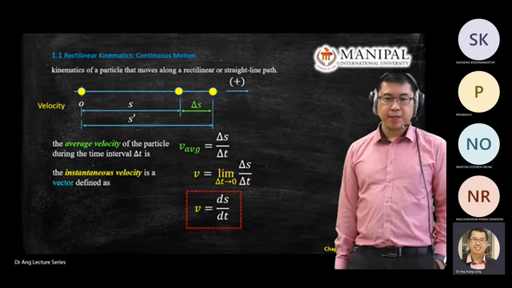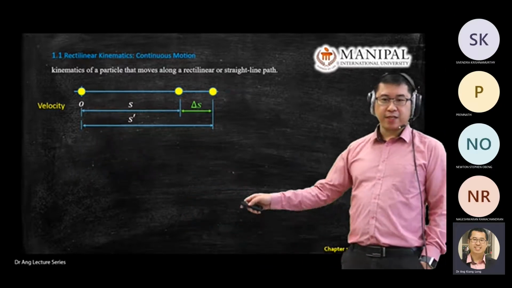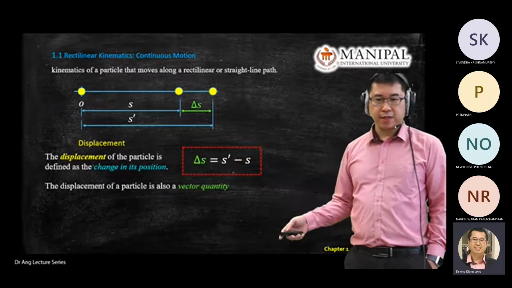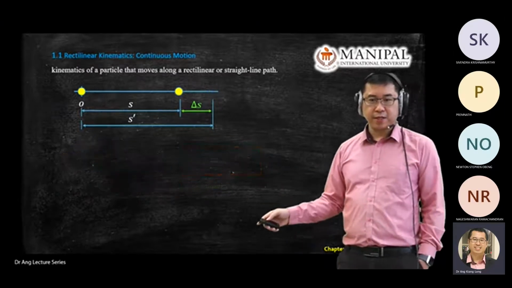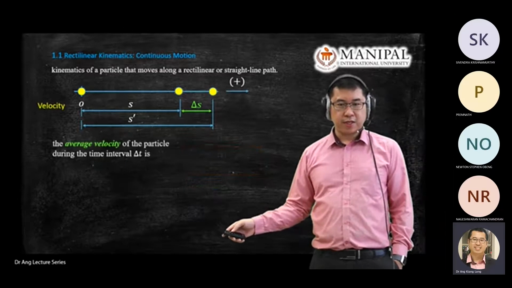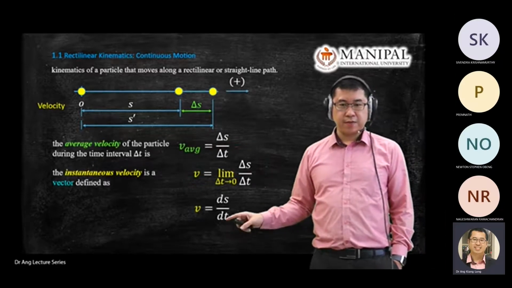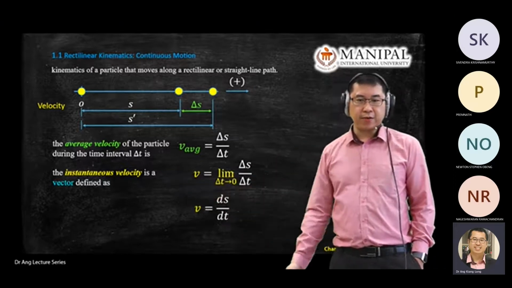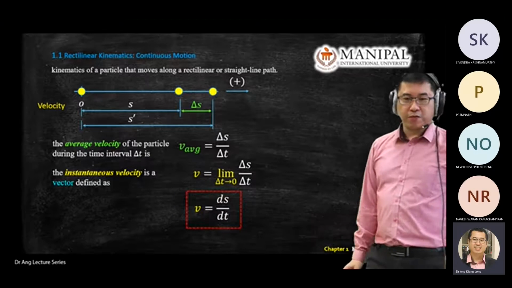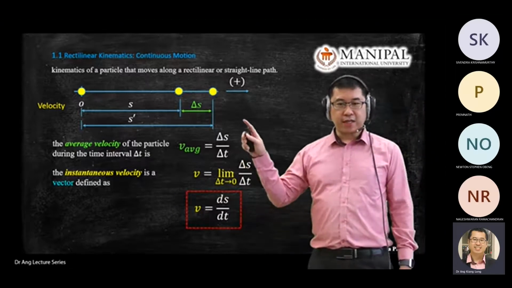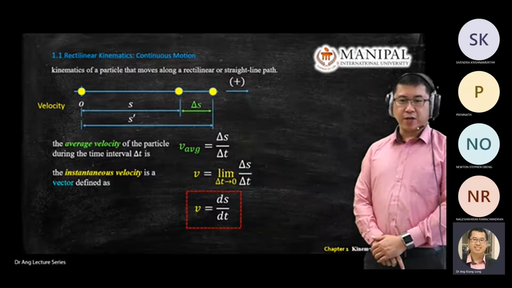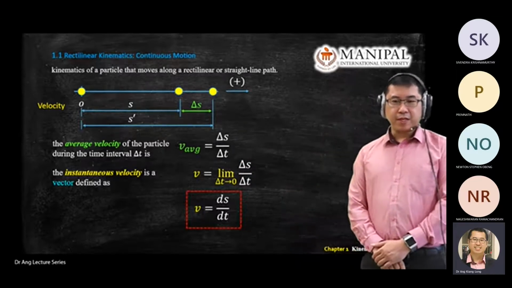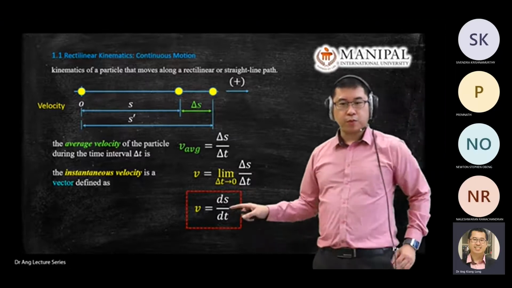First equation, how to find displacement, delta S. Second equation is V, instantaneous velocity. I labeled it in the yellow color. Two equations for today. These two, I think you recall from what you learned in your SPM physics class or maybe in your statics module also.